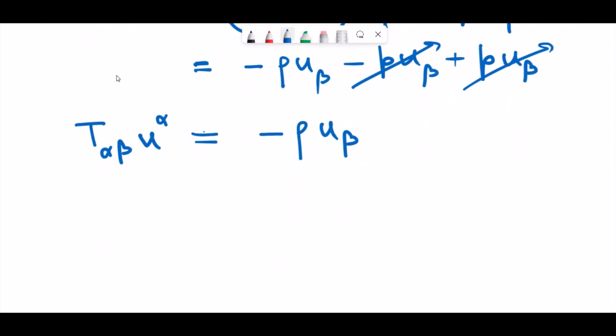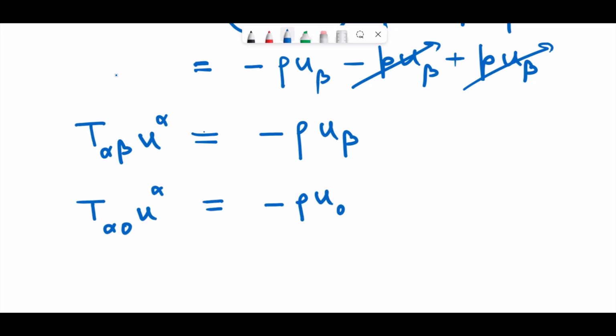Why? Because, let's say, I want to find out T alpha 0 and then u alpha, and this would be given by negative rho times u 0.